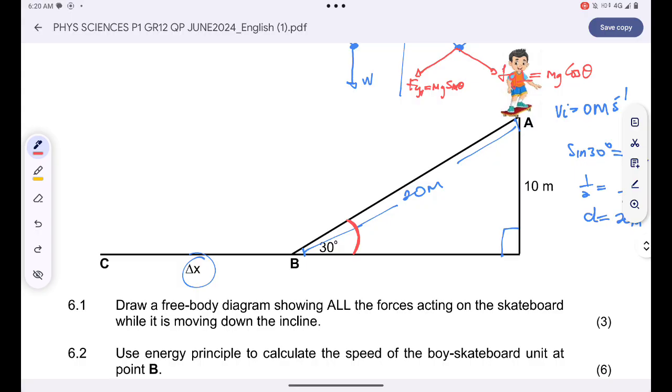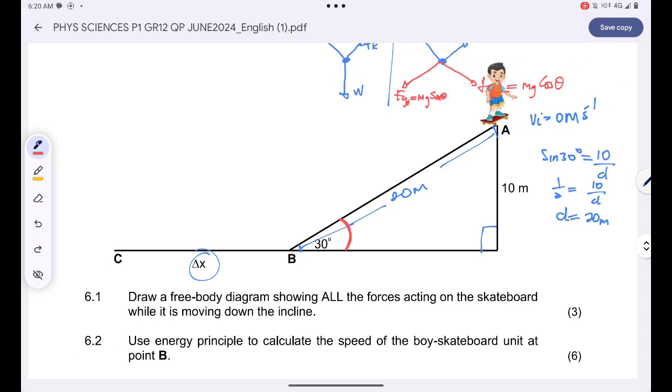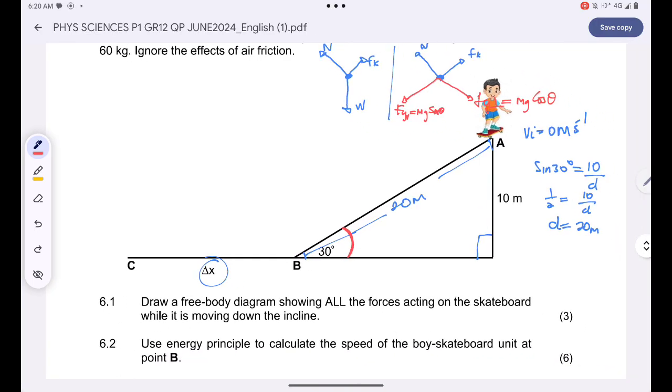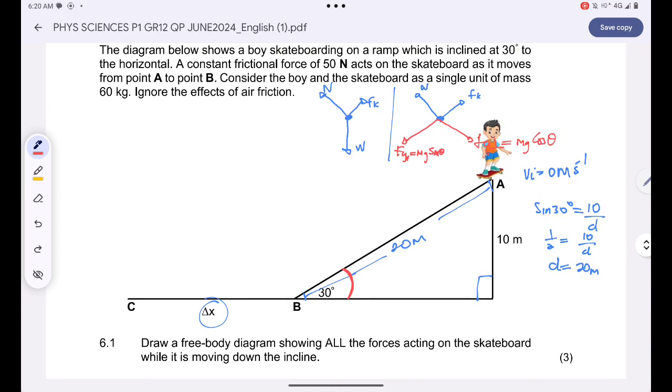They want us to use energy principles to calculate the speed of the skateboard unit at position B. Since you are not forced to use the work-energy theorem, we can use the work done by non-conservative forces, because we do have a non-conservative force, and that's our constant frictional force of 50 newtons.